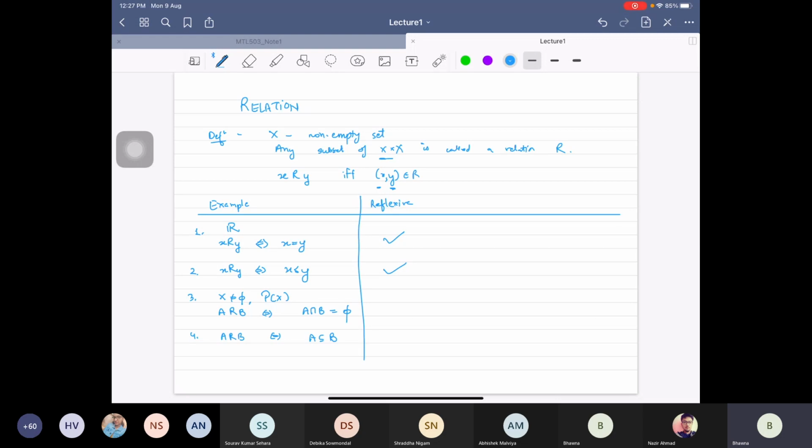But if you see the third example, if I take a non-empty set A, A intersection A is always equal to A, which is non-empty for any non-empty set A, right? So this relation 3 is actually reflexive. And the fourth one, if A is contained in B, this is also reflexive.